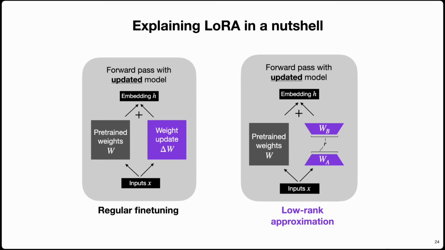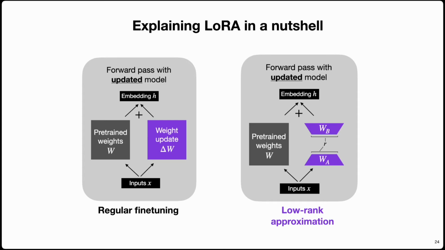Also, this is a hyperparameter, how many layers we apply LoRA to, and it's also a hyperparameter how much we factorize, like what the dimension is for R on the right hand side. This factorization takes this weight update, this large matrix, and replaces it by two smaller matrices.